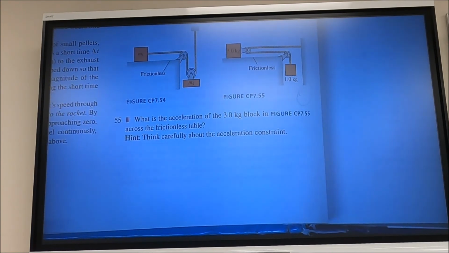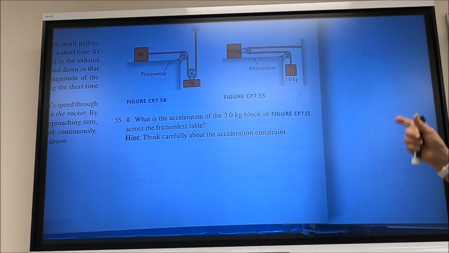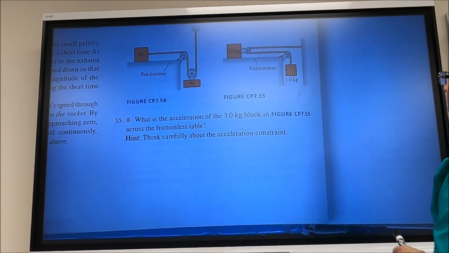The reason I want us to look at problem 55 is because of the way the rope moves. Okay? It says, what is the acceleration of the 3 kilogram block shown in figure 7.55 across a frictionless table?